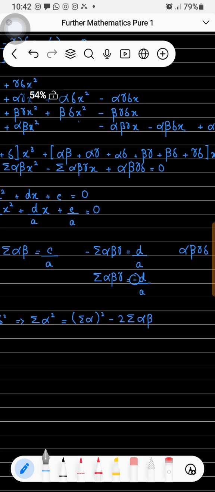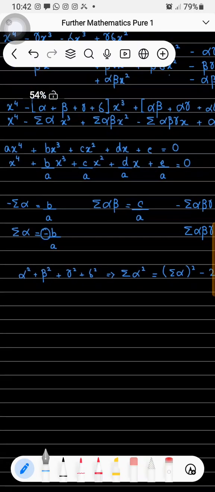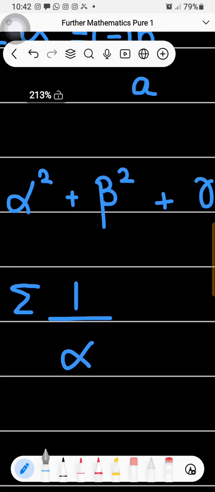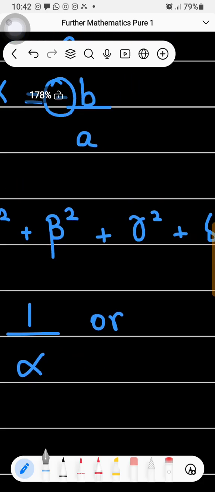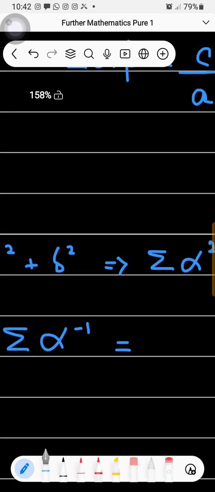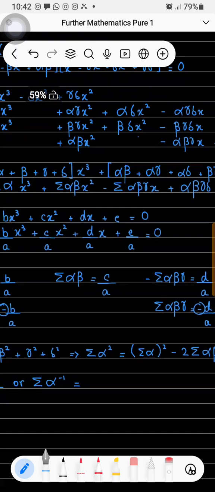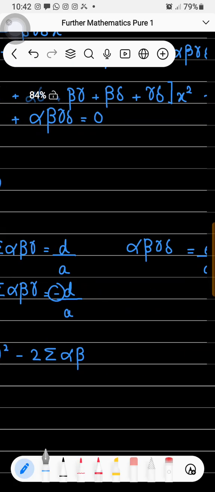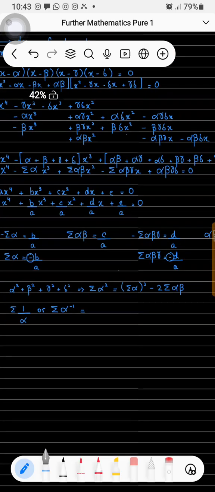Then one more formula here. One more formula is for sum of 1 upon alpha, or we can say sum of alpha power minus 1. It is equal to the second last one as the numerator, sum of alpha beta gamma, and the last one as denominator.